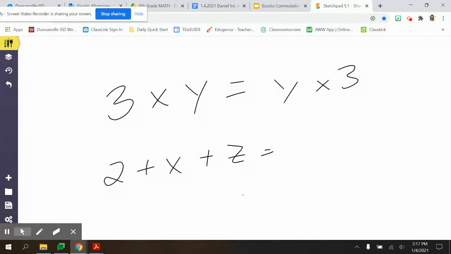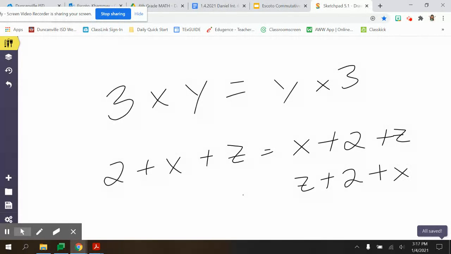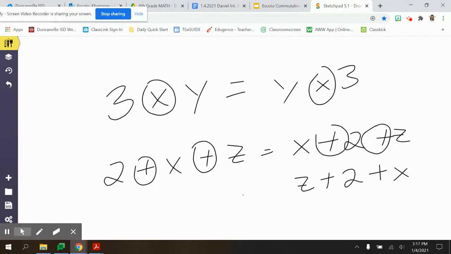An example of commutative for that would be maybe x plus 2 plus z. I could even say z plus 2 plus x. That would even be commutative because all I'm doing is switching the numbers around. But remember, it has to be all multiplication or all addition for commutative.